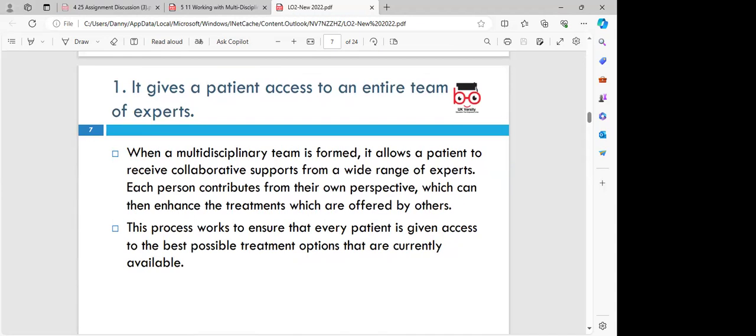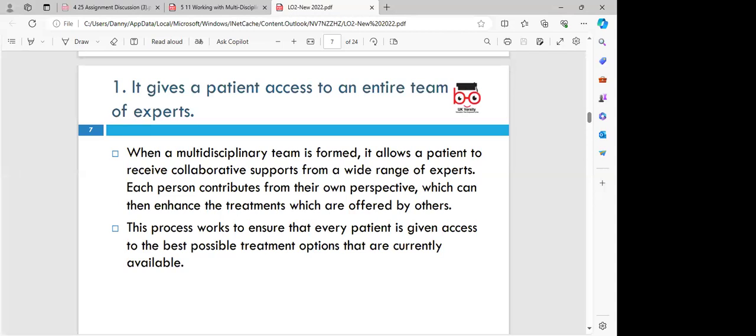So one, MDTs, what do they do? Their benefit: it gives a patient access to an entire team of experts. True, because the teams are working collaboratively. The patient is able to have full access to this team because they all work together to achieve one common goal for the patient.